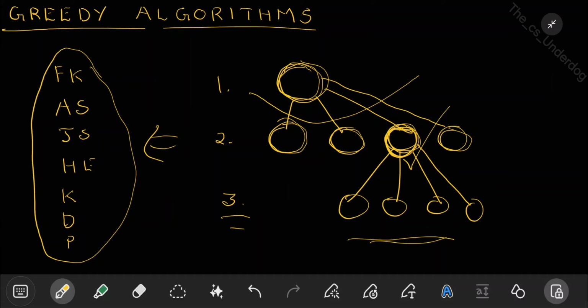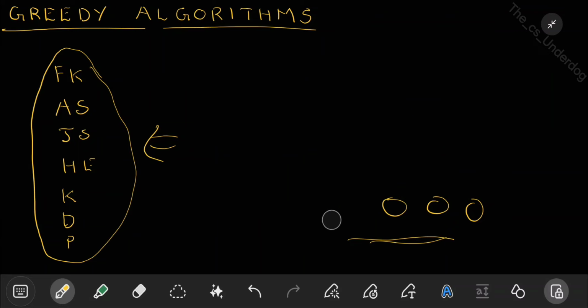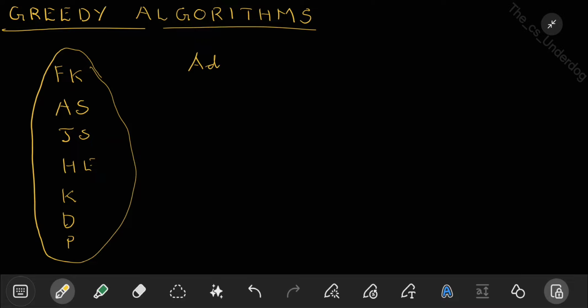Before we conclude this lecture, one more thing to look into is what are the advantages of using a greedy algorithm and what are the disadvantages of using greedy algorithm. What are the advantages? The first advantage is that greedy is usually faster. If you compare with any other algorithm, greedy algorithms tend to be faster because you can make quick decisions at each step.